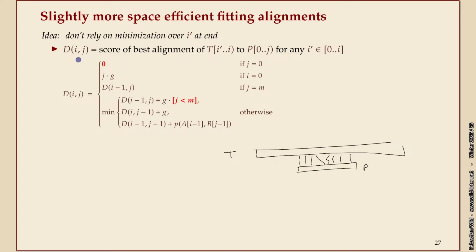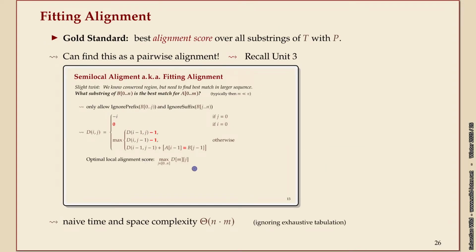We can slightly rewrite the recursion, and the difference from the original one is here: I'm allowing at every point to start a new alignment. That's why this is 0 if... should this be at, okay, it's the other way around.